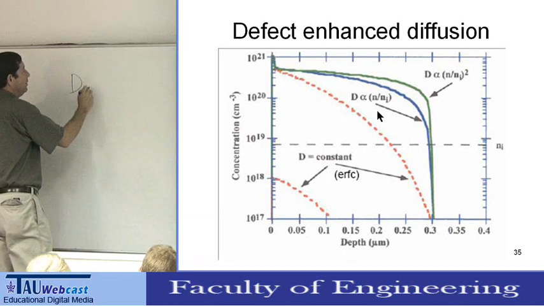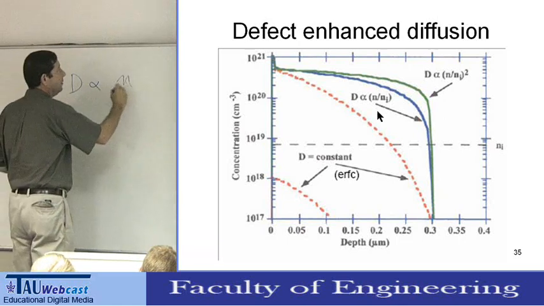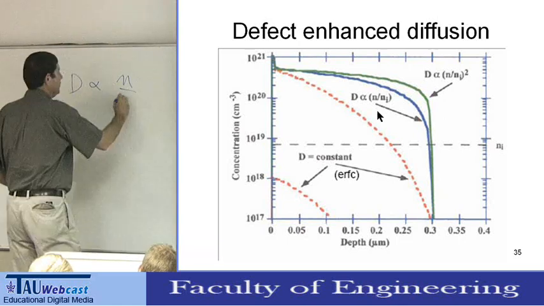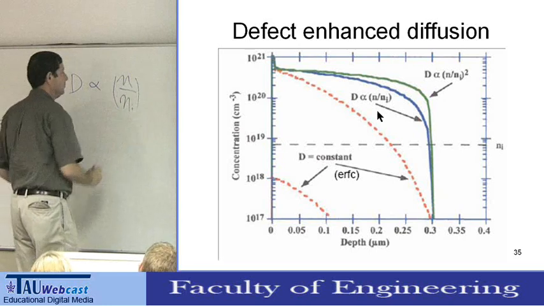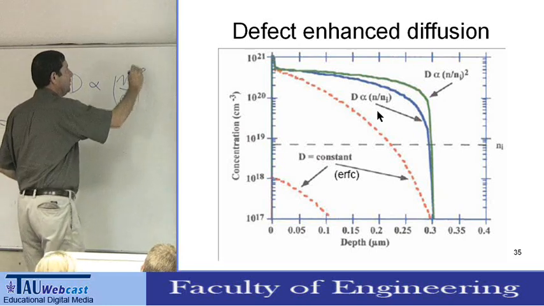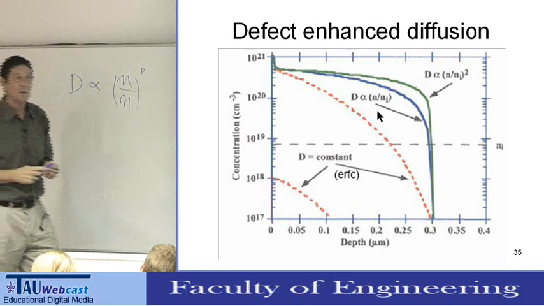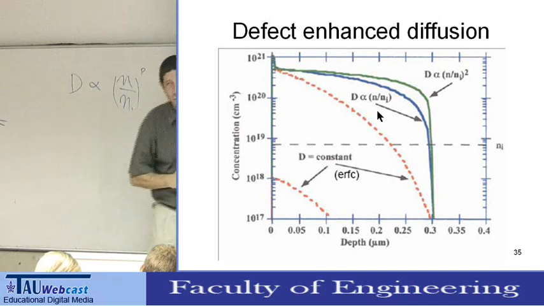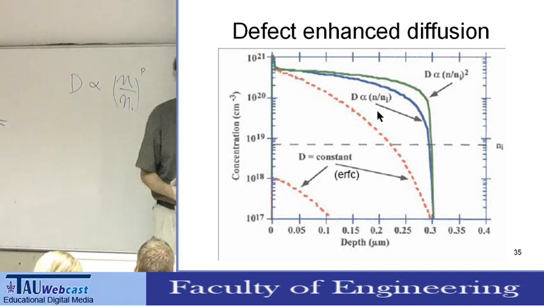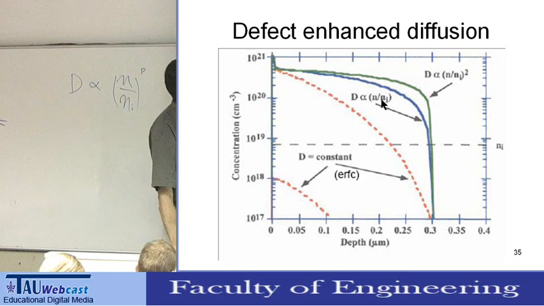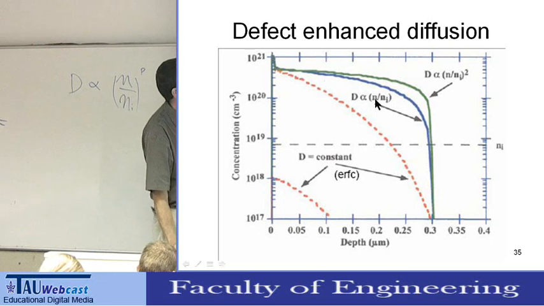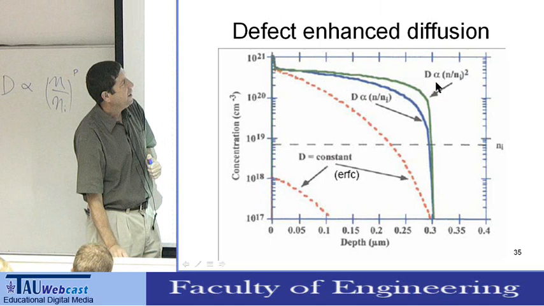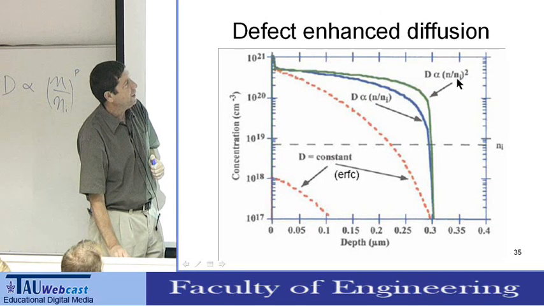D is a function of N over Ni to some power, P. What people found out is that the diffusivity depends on the concentration. In some dopants, it's proportional to N over Ni, and in some dopants, it depends on N over Ni squared.